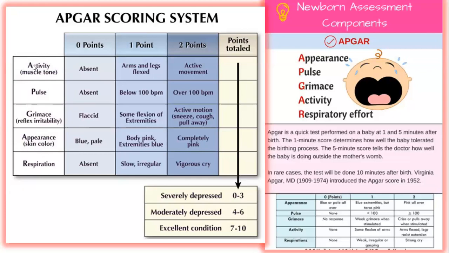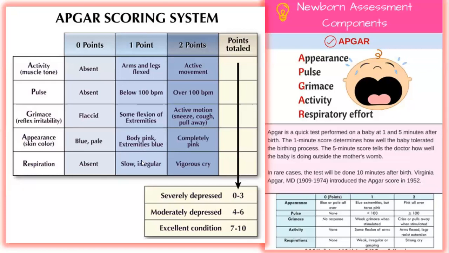If all are absent, they will get 0 points. Like if the activity, muscle tone, arms and legs are flexed, 1, if it is active movement, 2 points, right? So a score of 10 represents the best possible condition.